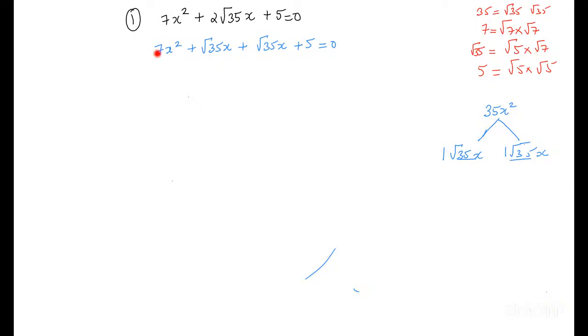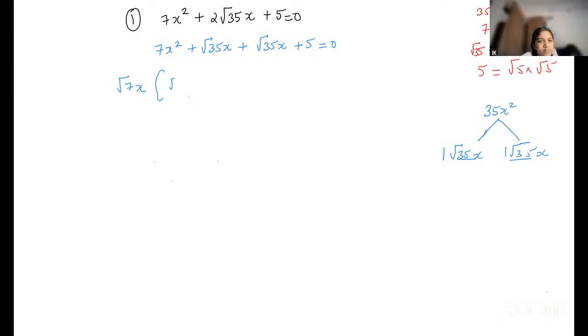So from these two coefficients, what is the common? Root 7, not 7, because root 35 is there, no? So root 7 is the common. So if I take out root 7 as a common, root 7x is a common. Now what will remain behind in the first term? Root 7x plus root 5. Yes, root 5.